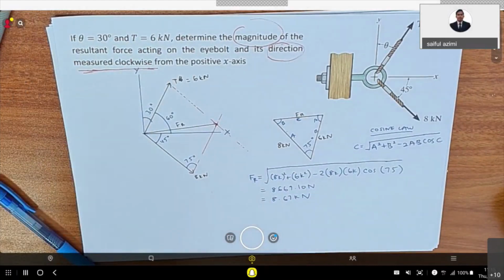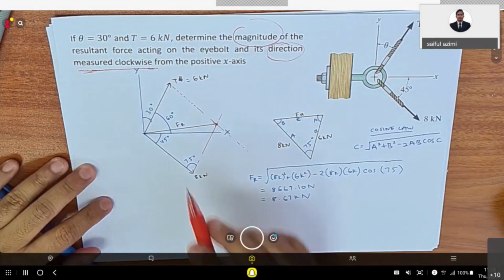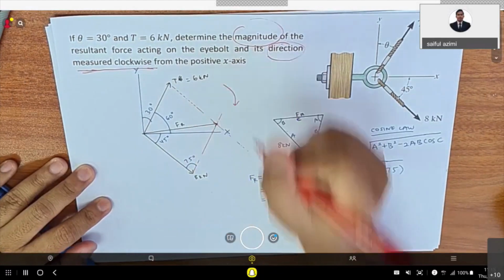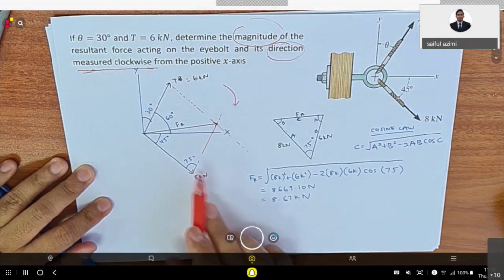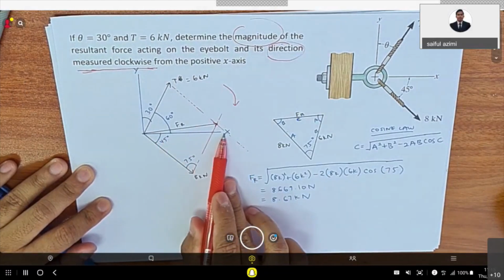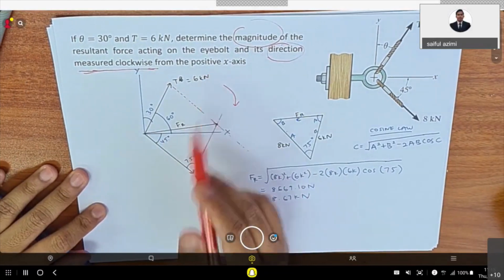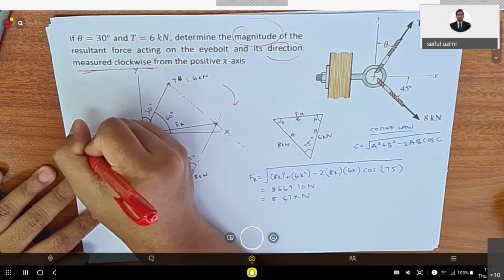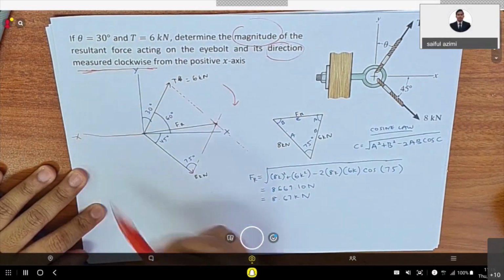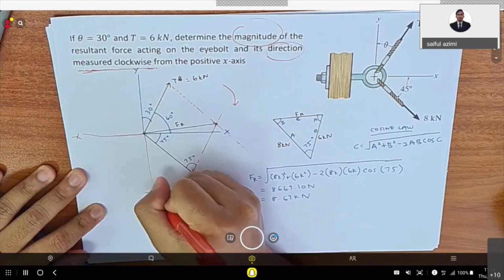Here this is clockwise, and this is the positive x-axis. If the negative x-axis is mentioned, it is from here. This is negative x, and this is negative y.